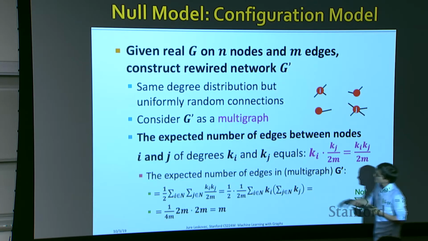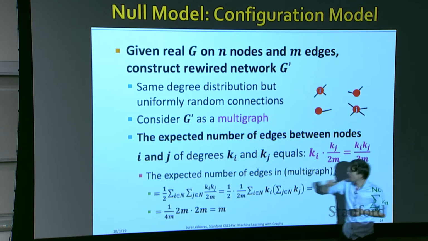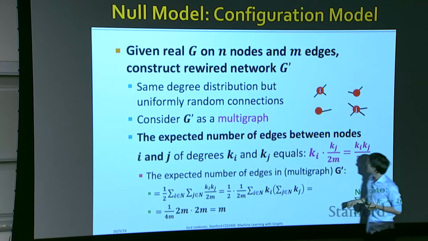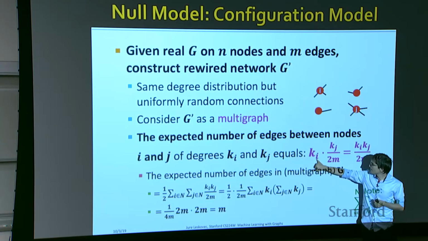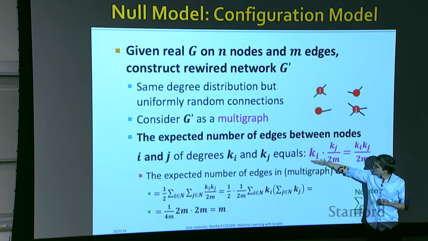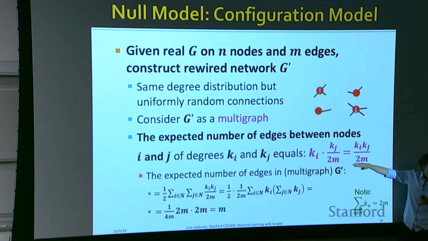It turns out that the expected number of edges between nodes i and j, where i has degree k_i and j has degree k_j, is k_i times k_j divided by 2m. Basically, it's the product of the degrees divided by 2m.